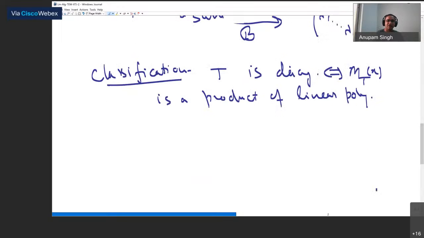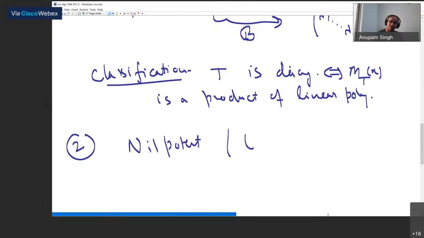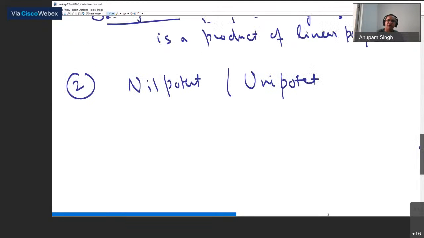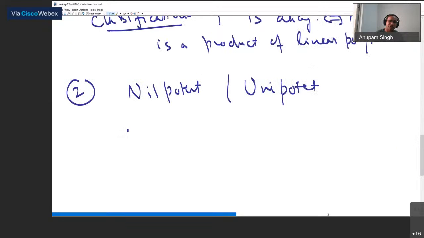Right? And another example, we saw that you can think of nilpotent or unipotent matrices or transformations as an example of nice and simple. And we also have characterization for such things. The characterization for nilpotent and unipotent are very similar, so I will write down the classification for nilpotent.